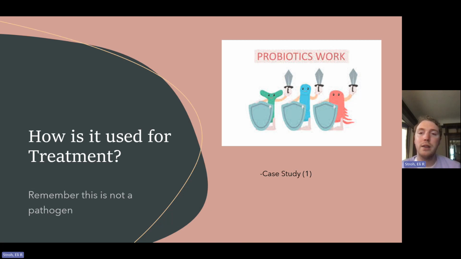So, while this is not a pathogen, I want to talk a little bit about the anti-cancer agent that it is. A case study from 2018 has shown that because of the byproducts that Propionibacterium freudenreichii thrive on, it helps create a toxic environment that colorectal cancer cells will die in. Cancer cells rely on the Warburg effect, which is also known as aerobic glycolysis.